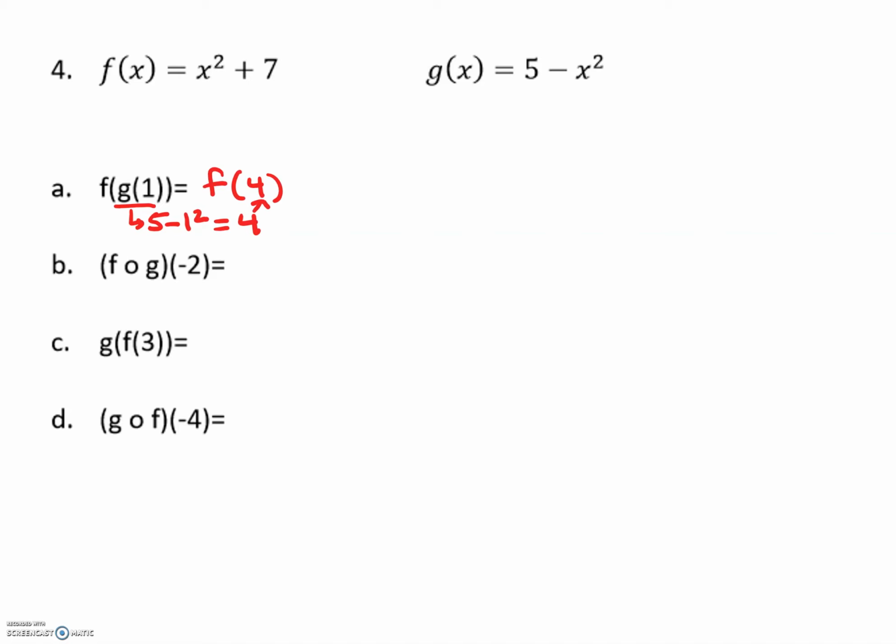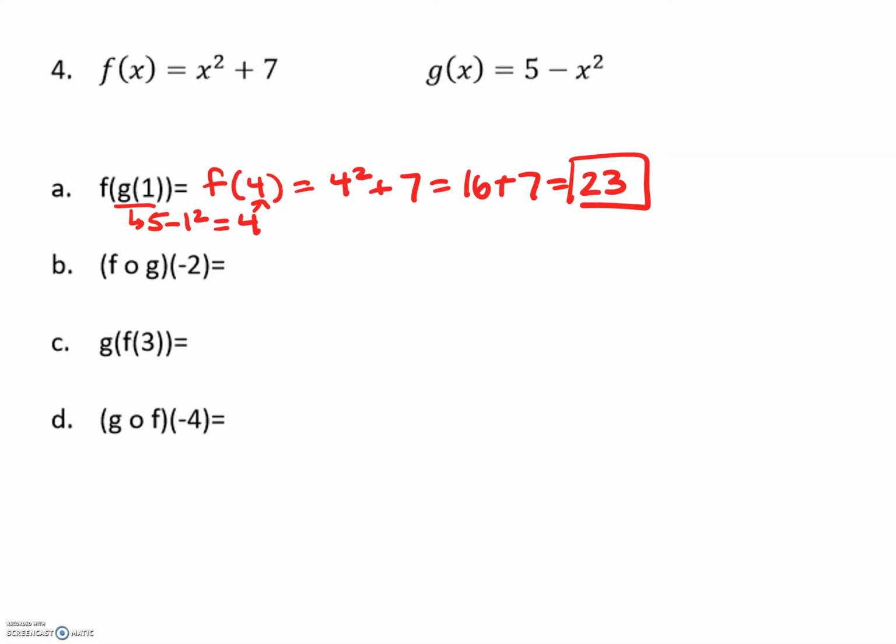See how I still have the f on the outside, but I replaced g of 1 with that 4. Now it's telling me to go to f. There's an x, so I replace it with 4 squared plus 7. So we're going to get 16 plus 7, which would be 23. So f of g of 1 is going to equal 23.